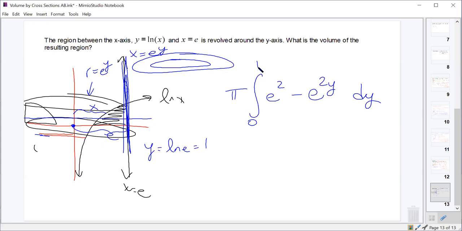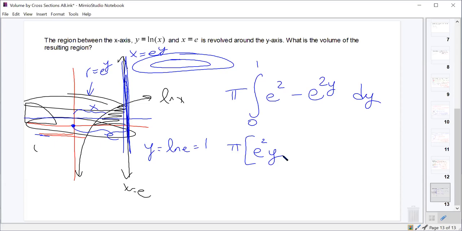What's the integral of e squared? Well, e squared is a constant. So if I integrate a constant, I just get that constant times the variable, times y. What about the integral of e to the 2y? Hopefully we can do that one in our head real quickly. It's just a simple u sub. What does that integrate to?